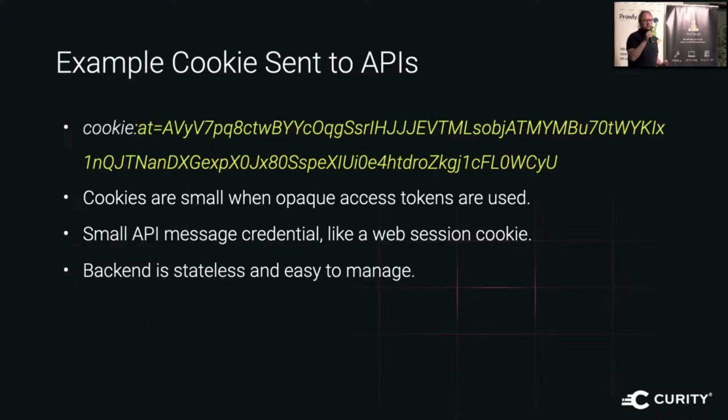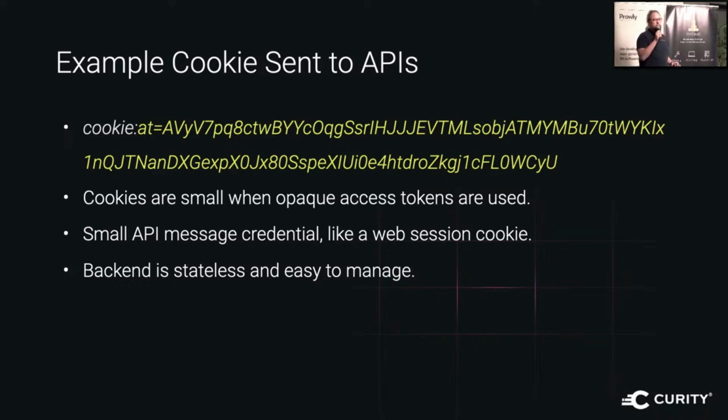Here is an example of how such an access token cookie looks. We encrypt the value so that even if someone manages to steal the cookie, they will not be able to read the actual token value because they would need the decryption key. If you use opaque access tokens, then cookie values end up quite short, and that's not a problem.